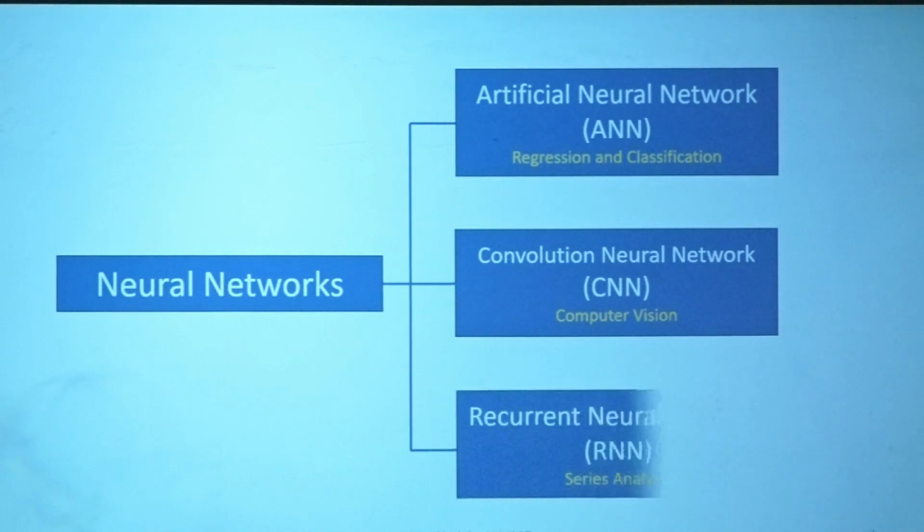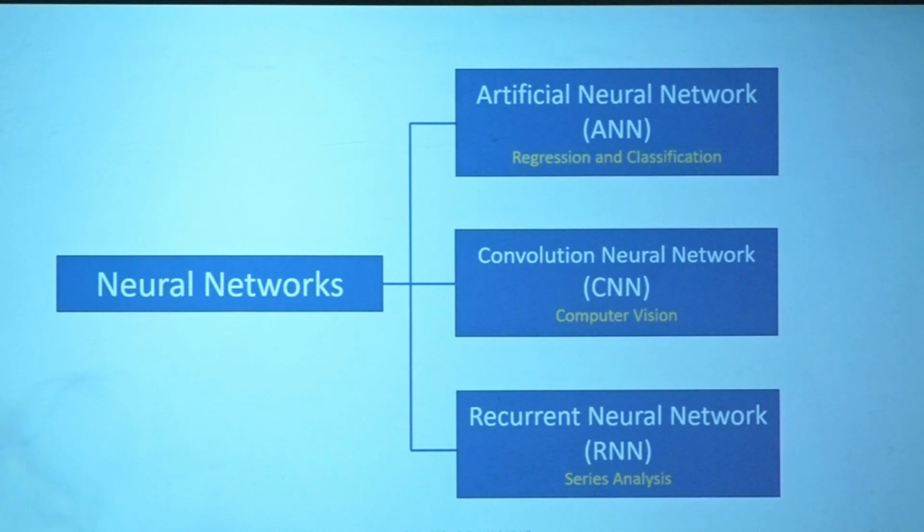The last category is the recurrent neural network, which we are not going to discuss now, but I am introducing it to you. These are useful for processing sequence data, the data which is in sequential order.